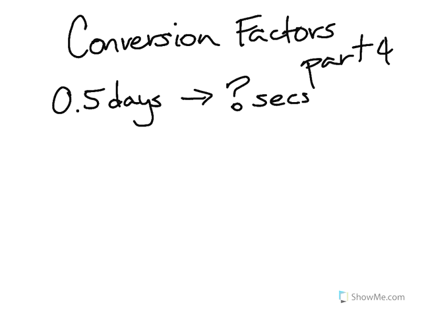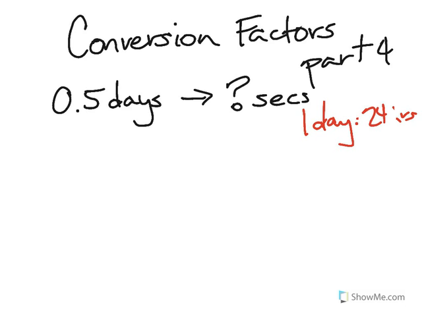Let's go ahead and write out what our conversion factors, or the equalities, are that we're going to need in order to make our conversions. Well, we're going from days to seconds in this problem, and we know that we need to probably go from days to hours. So 1 day is equal to 12 hours. Oh, not 12, 24. 24.